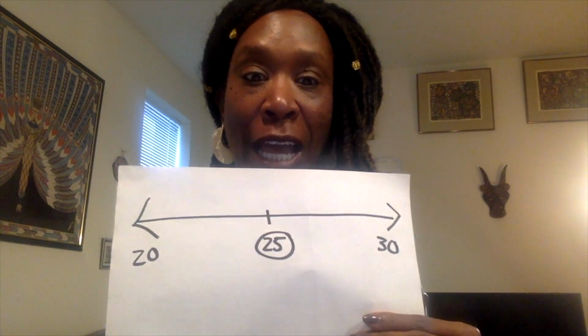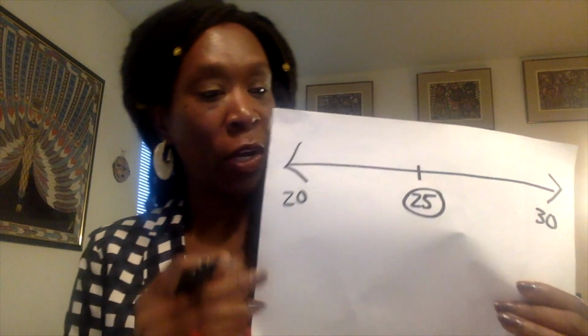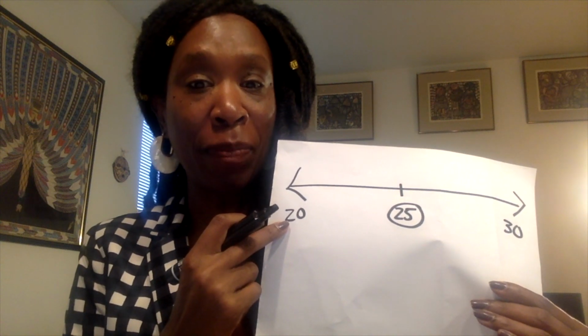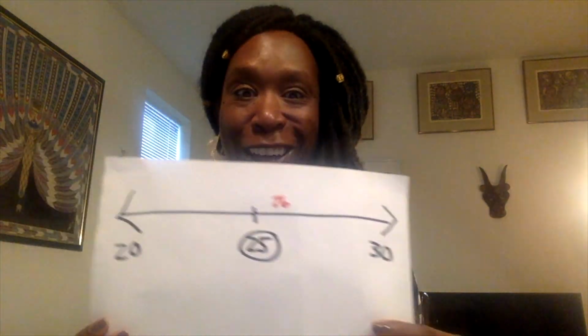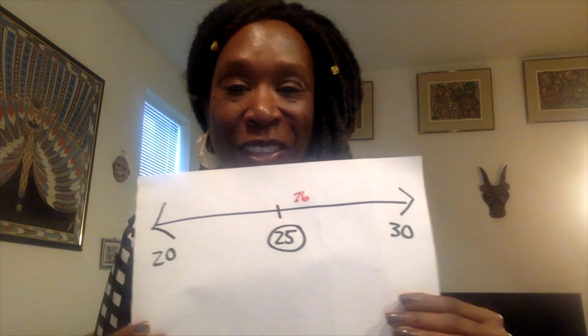Does your number line look like this? Where you have the smallest number at the bottom and the biggest number up top? Keep going. One more second. Do you have what I have?